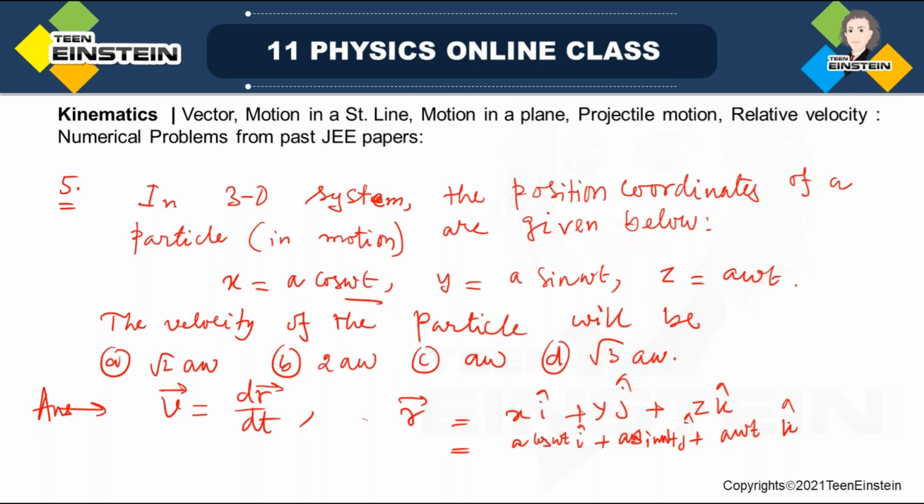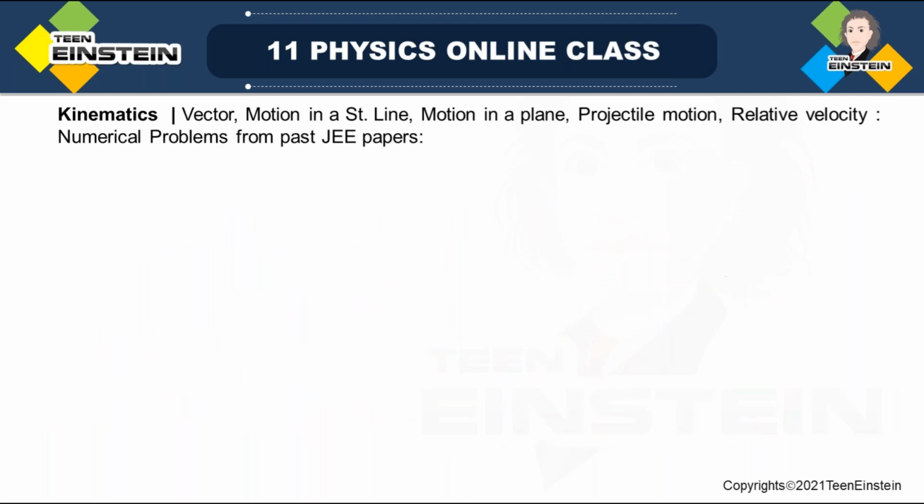So if you want to find out the velocity, what you should do? You should take the derivative, right? I'll just write the r vector: a cos of omega t i cap, sorry, it is a throughout, a sin omega t j cap, and a omega t k cap. Okay.